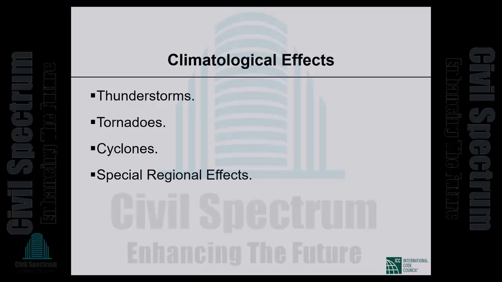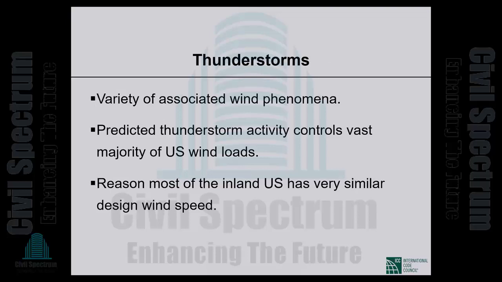And the word typhoon is used in some parts of the world. They are very similar storms. Special regional effects can be caused by wind blowing through mountain gorges, things like that. Those are things we also have to contend with if we are going to design successfully against wind. So thunderstorms, tornadoes, cyclones, and special regional effects.